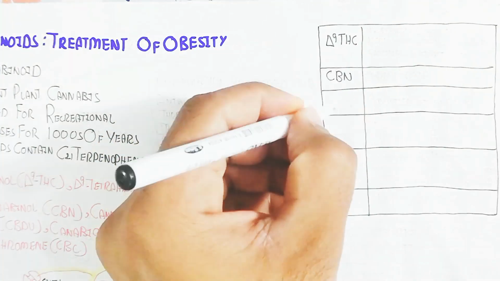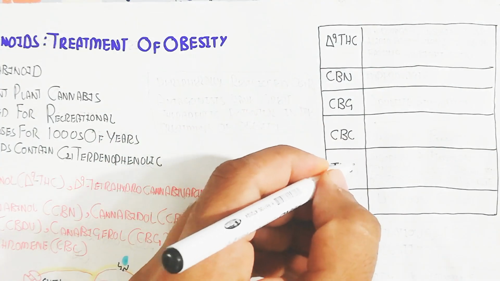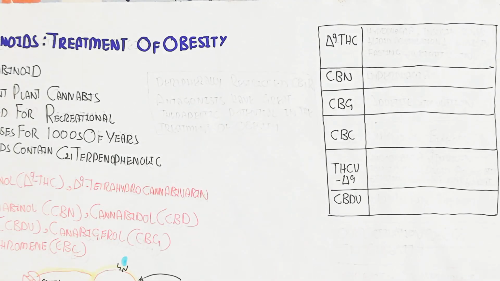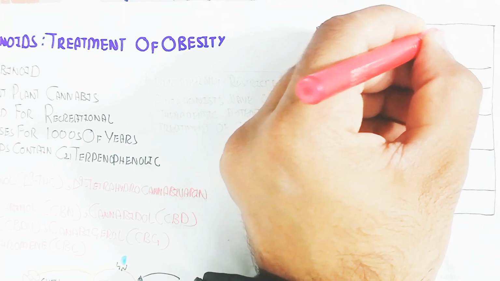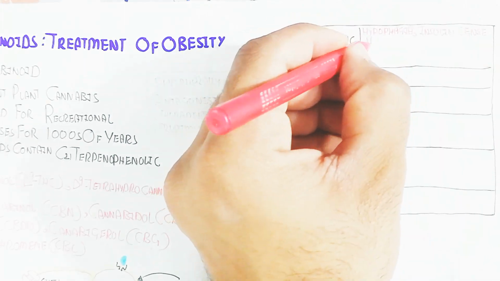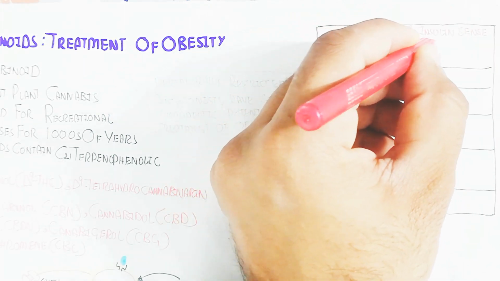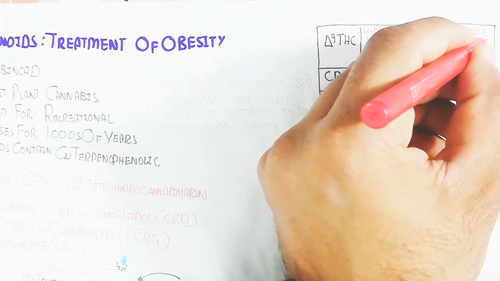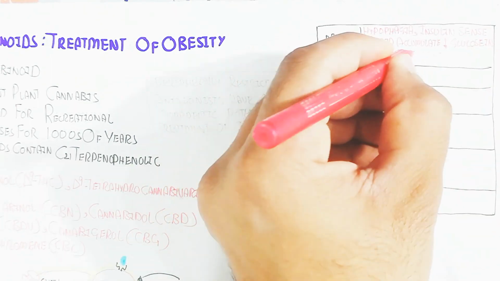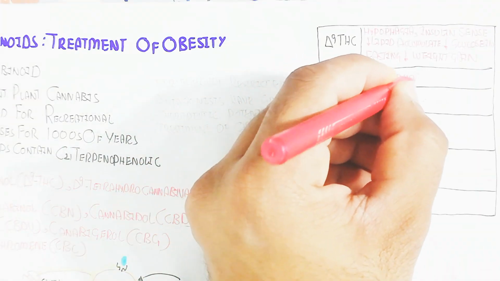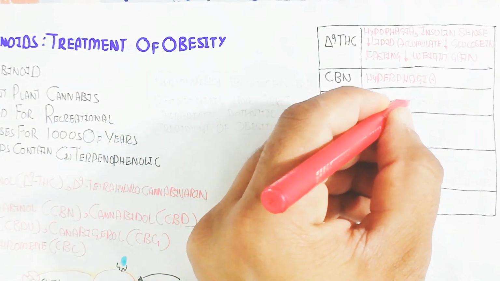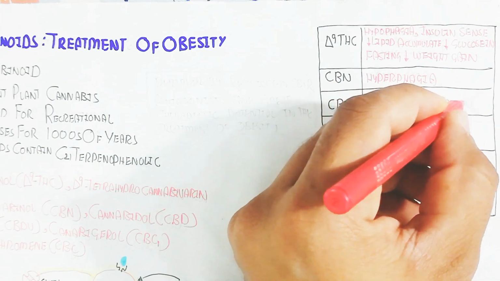Delta 9 THC leads to functional changes: hypophagia, increased insulin sensitivity, an increase in insulin receptor, decreased lipid accumulation, decreased fasting serum glucose, and decreased weight gain, meaning weight loss.